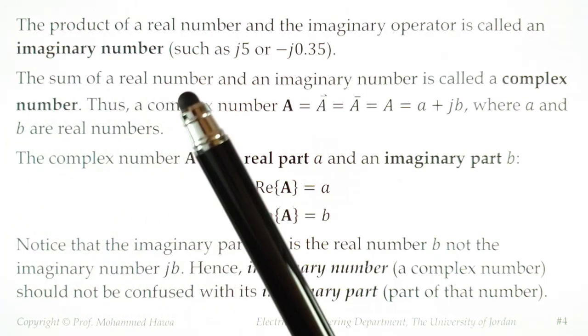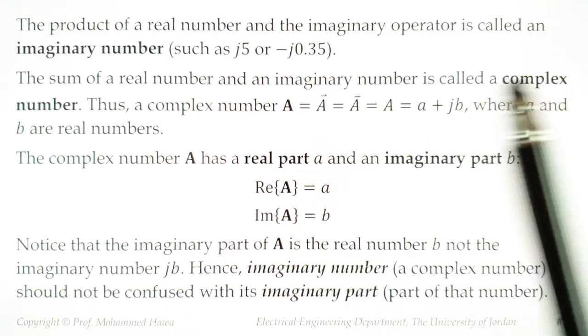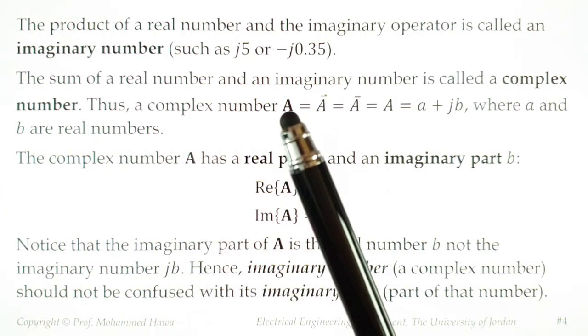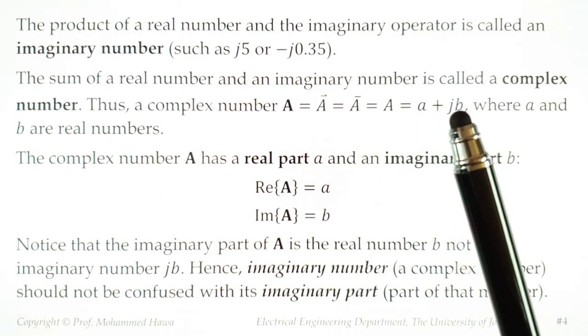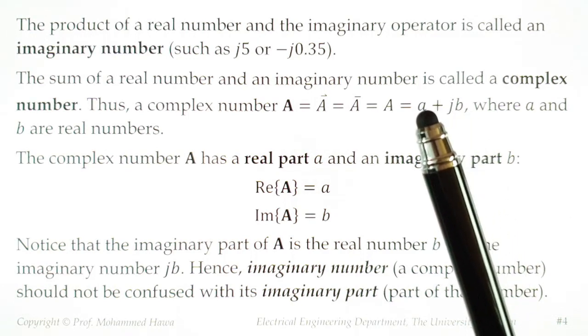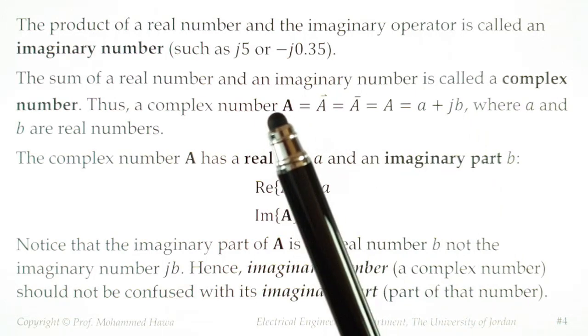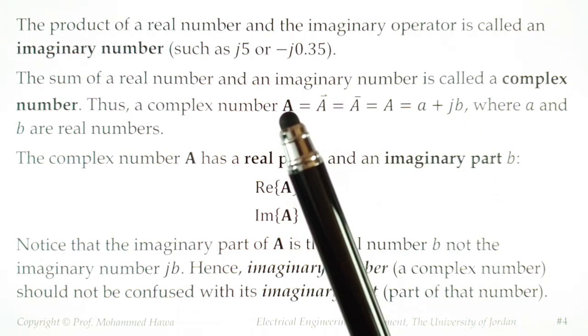Okay, now we have real numbers and we have imaginary numbers. The sum of a real number and an imaginary number is what we call a complex number. Thus, a complex number, capital A, is equal to a, that's a real number, plus jb, that's an imaginary number. If you add up this real number plus this imaginary number, you're gonna get this complex number. Usually we try to represent the complex number with a special notation so that you can easily recognize this is a complex number.